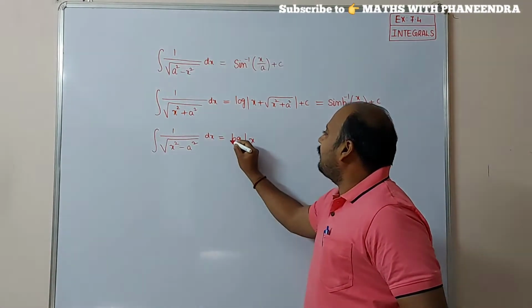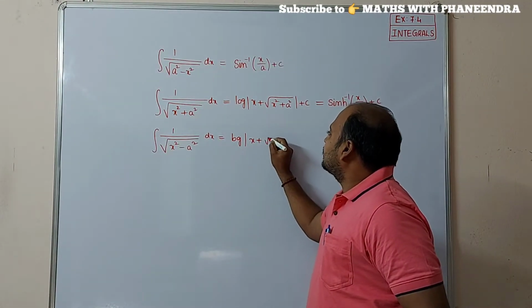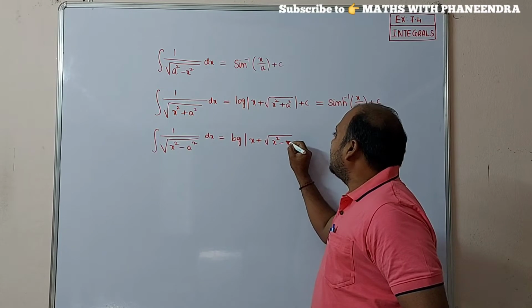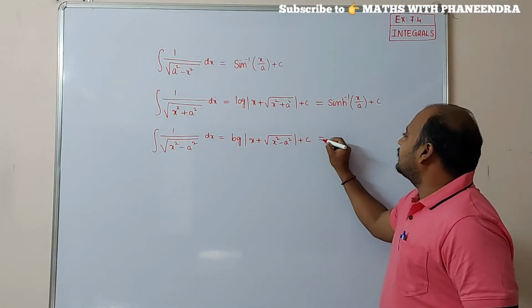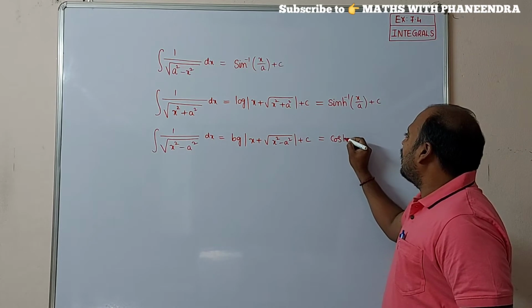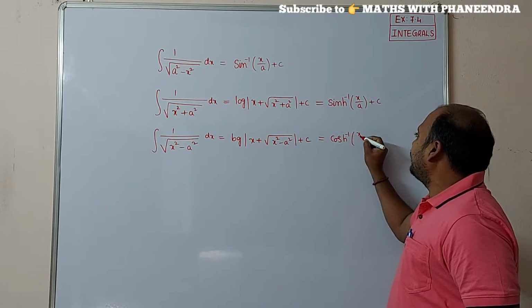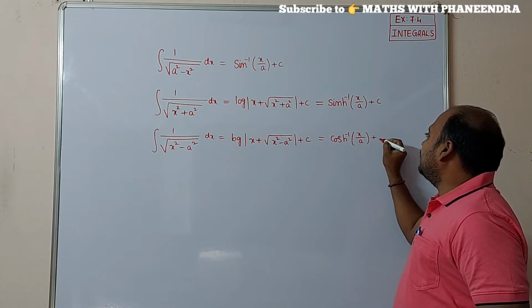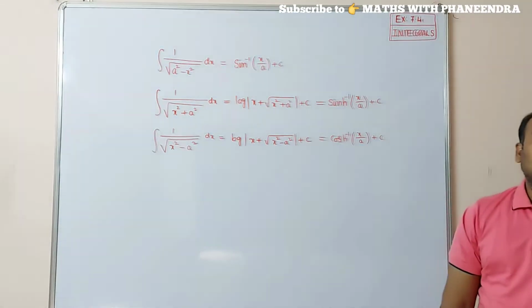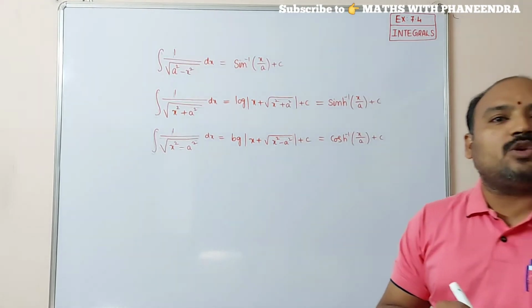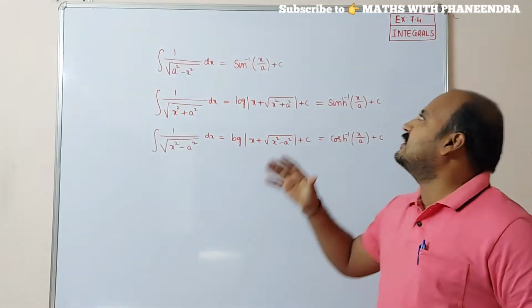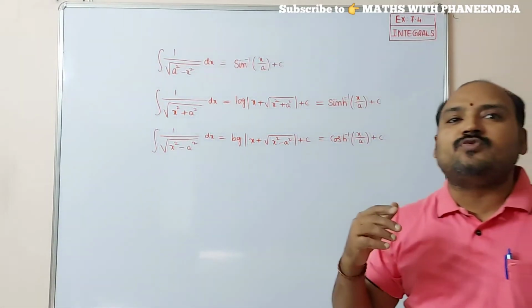So log of x plus square root of x square minus a square plus c, or this can also be written as cos h inverse of x by a plus c. So these are the formulas we are going to apply in this exercise 7.4.